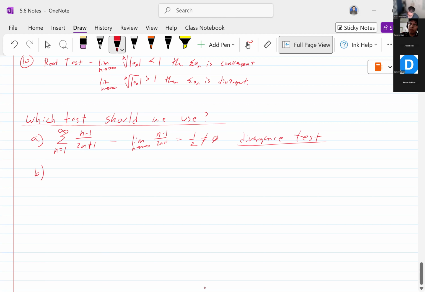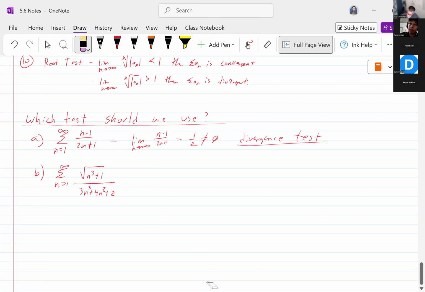Okay, so we might want to try that one first on things. Okay, what about the next one here? Summation n equals 1 to infinity of the square root of n cubed plus 1 over 3n cubed plus 4n squared plus 2. Okay.